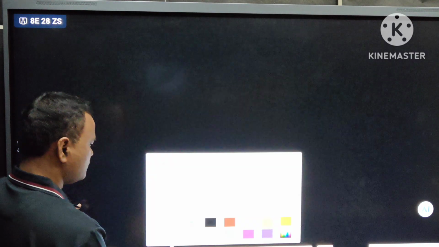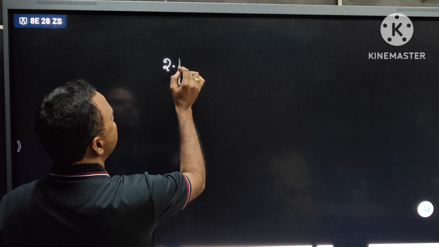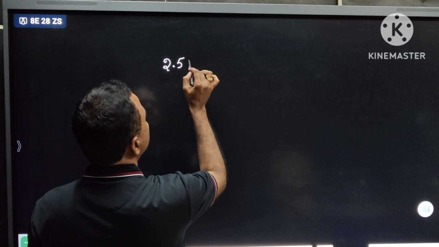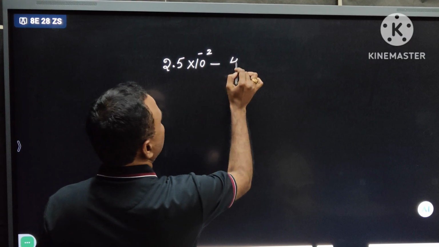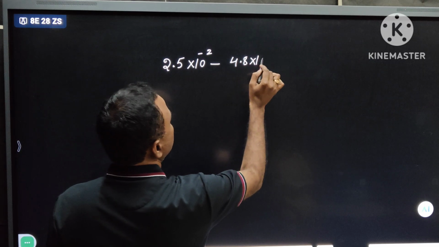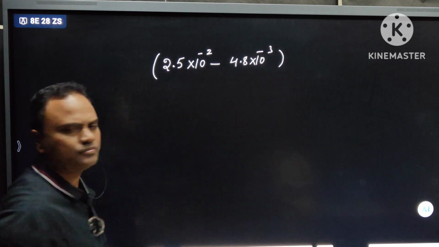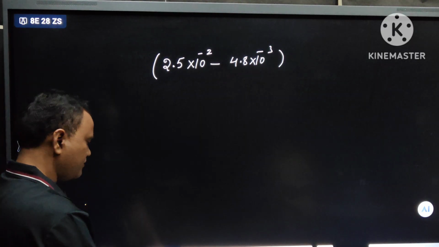Next, you do this. (2.5) into 10 to the power of minus 2, minus 4.8 into 10 to the power of minus 3. Subtraction.